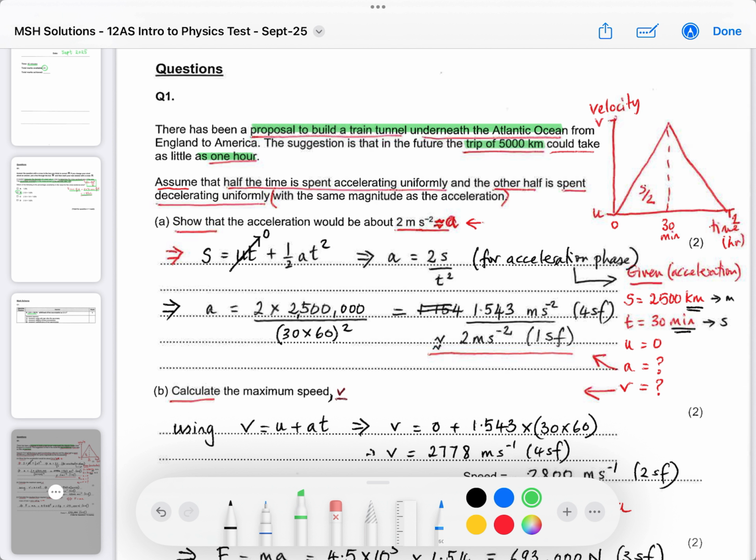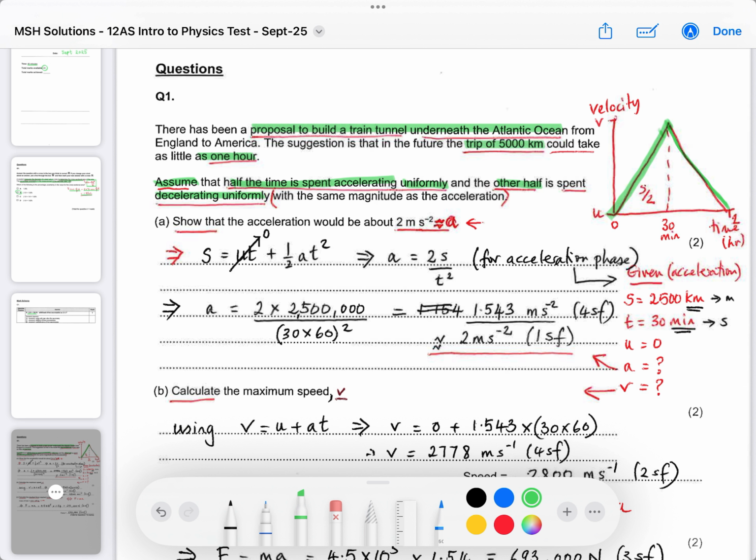And it says you can assume half the time is spent accelerating uniformly, and the other half is spent decelerating uniformly. So basically, the speed's going to increase uniformly from u to a maximum velocity, and then it has to decelerate back to 0 for the end of the trip.